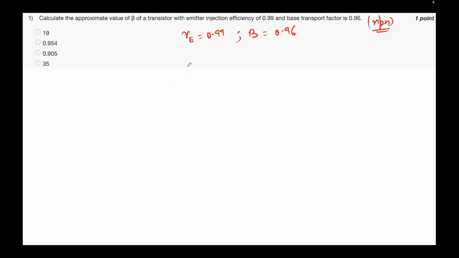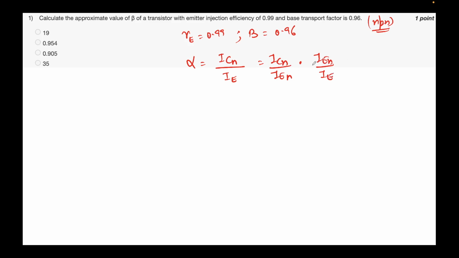There's another component called alpha. Alpha is given by ICN over IE. I can write it as ICN over IEN times IEN over IE. You see the IEN cancels out.